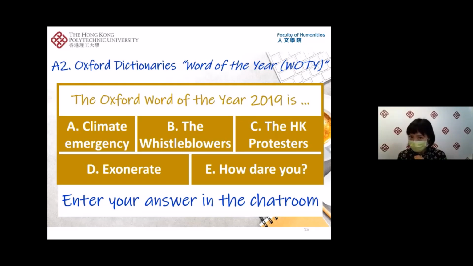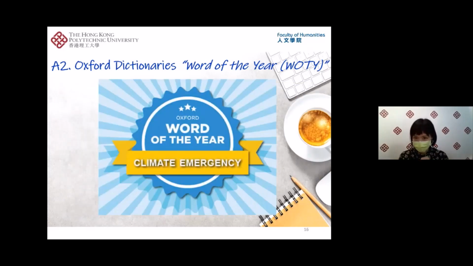Now, let me give you the answer. It could be disappointing to some of you perhaps because it seems that C and E are the most popular ones, but some of you also chose A, and the answer is, ta-da! A, climate emergency. Now, why was it so popular and so fashionable? Let's look at the definition of this term first, and I am going to show you how fashionable and how popular it was last year.